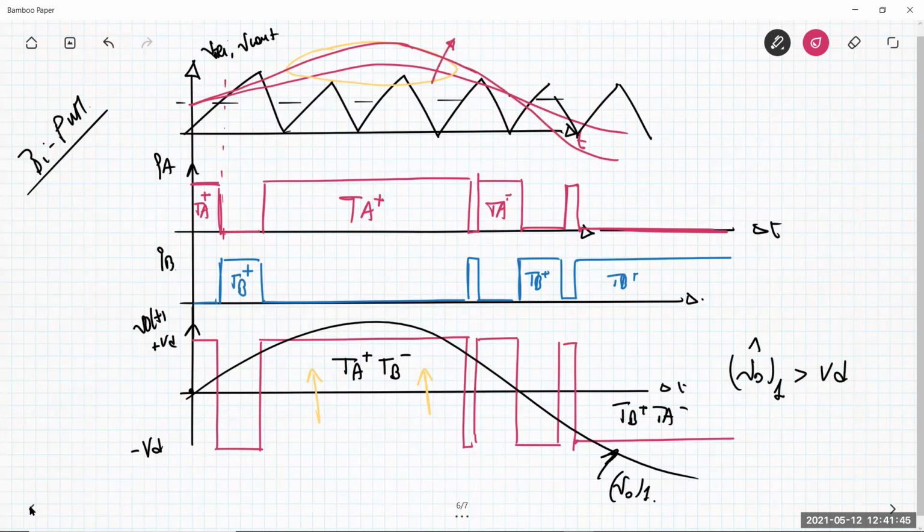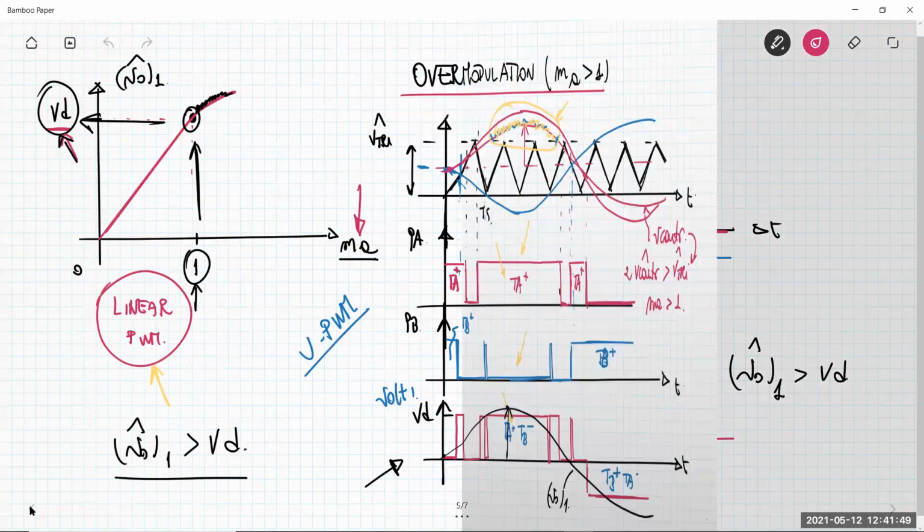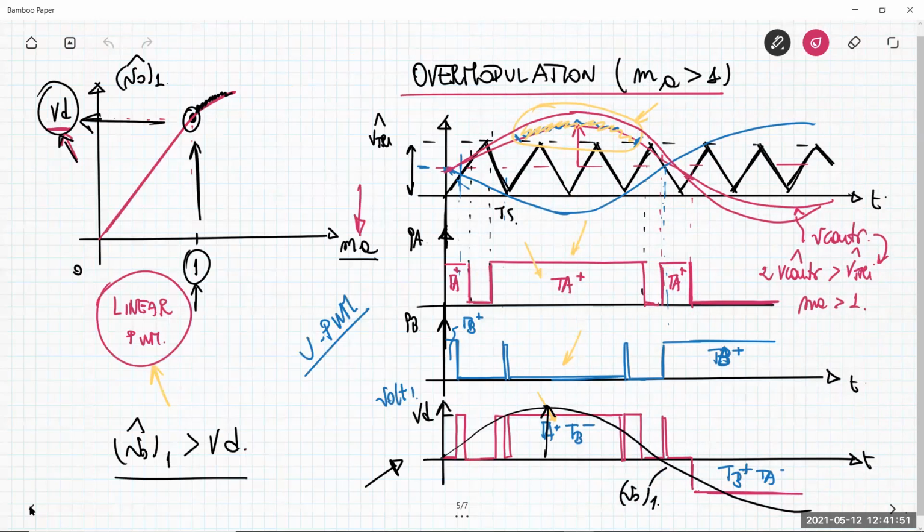So I'm increasing MA. If I'm increasing MA, what happens is that the part in which I lose the possibility to compare the control voltage with the triangular waveform enlarges. So this part here, in which you have a constant behavior, becomes wider.